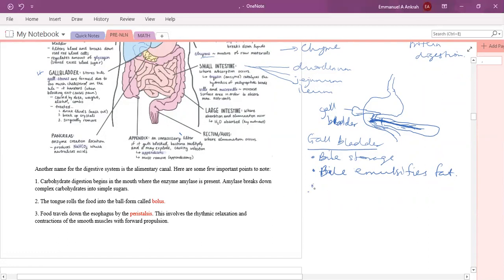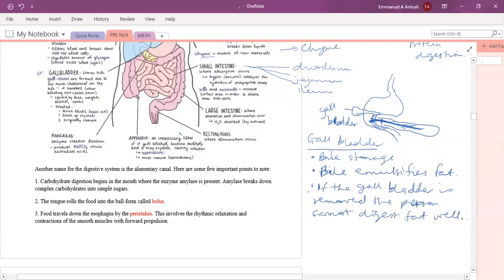So if the gallbladder is removed, the person cannot digest fat well. Okay.